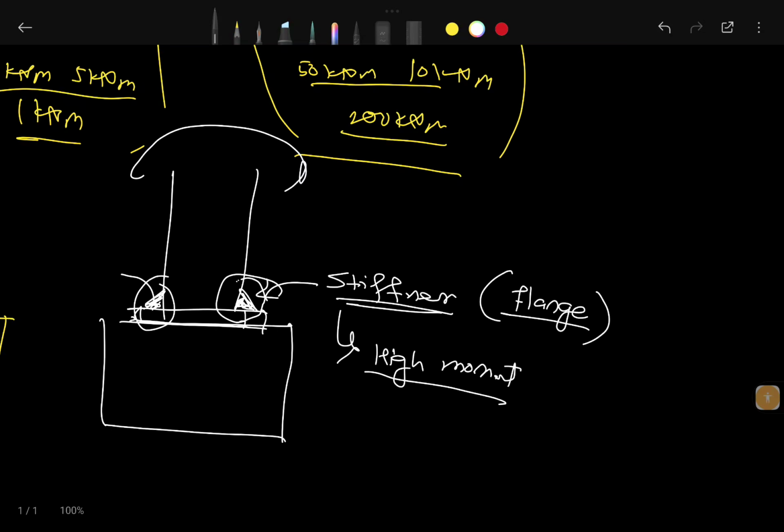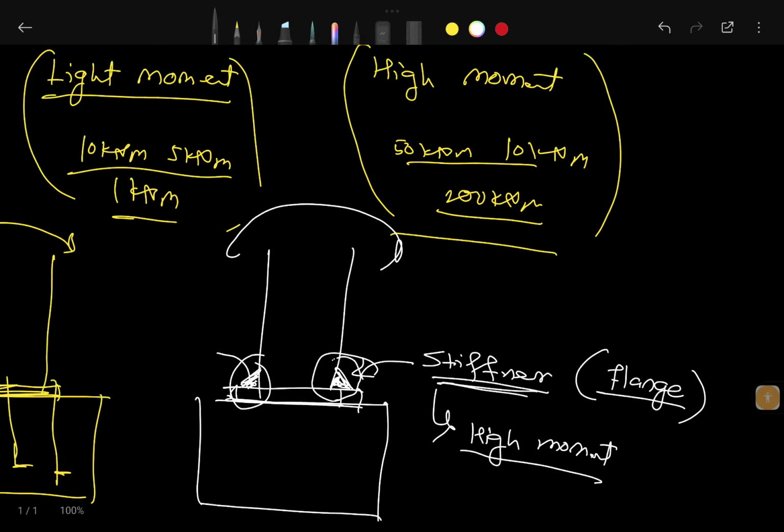So that's why we use stiffeners with the column.